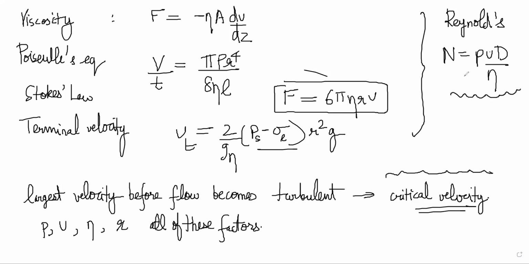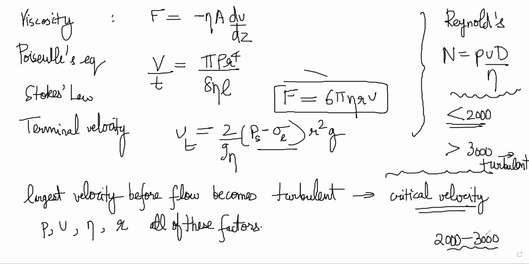If this value for any fluid is less than 2000, then flow is steady. Greater than 3000, then flow is turbulent. And between 2000 and 3000, we can't say anything. It could be steady or turbulent. We don't know. Flow is unstable, it could be steady or turbulent.